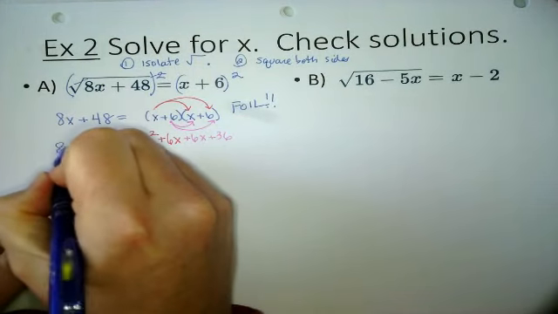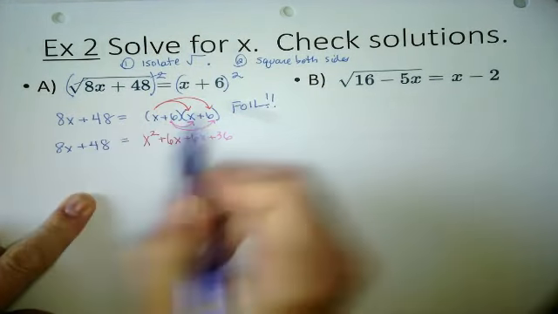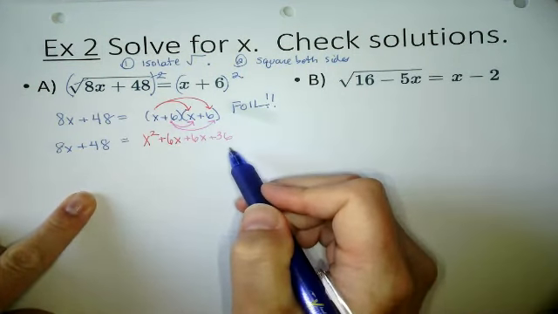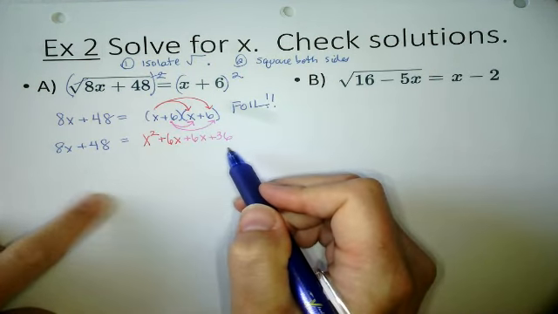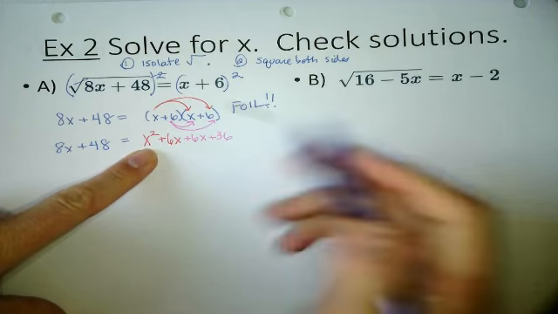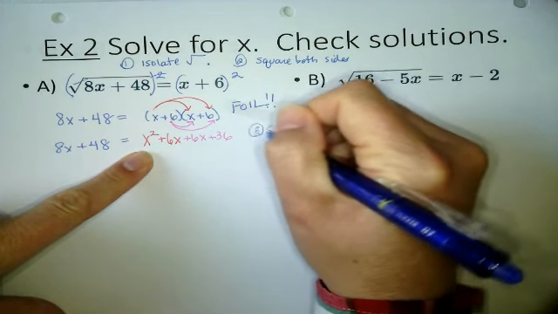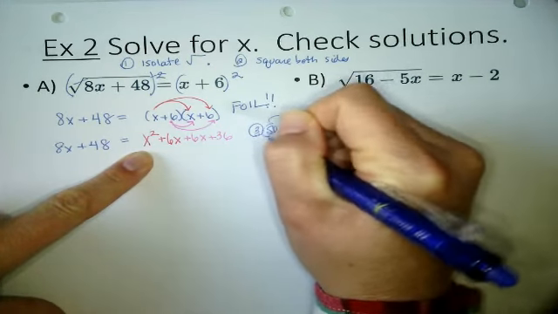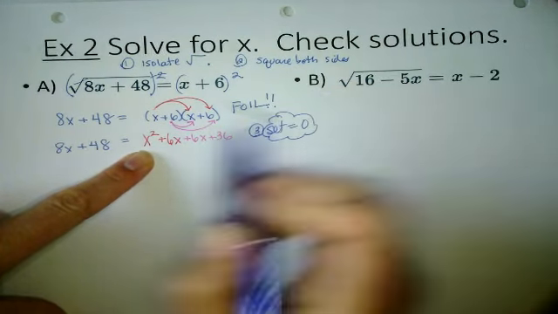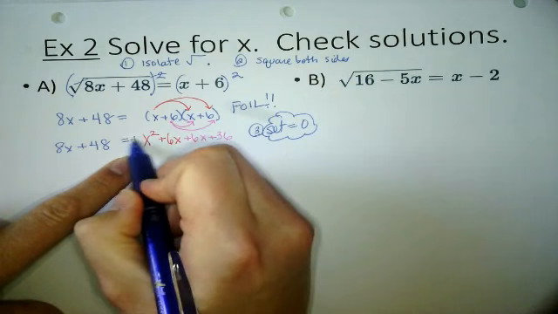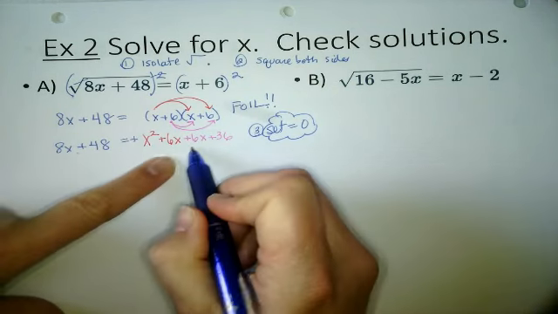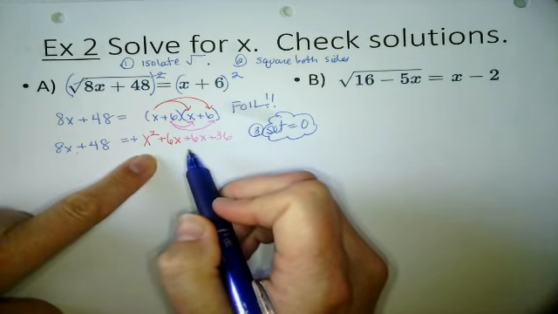So we have 8x plus 48 equals all of that. This is quadratic, and so we need to set it equal to 0 to solve. Now, this is a positive x squared. I'm going to move all this stuff towards this positive x squared.